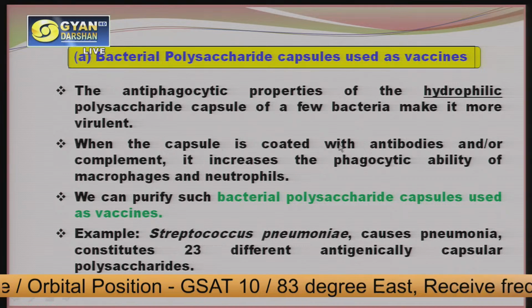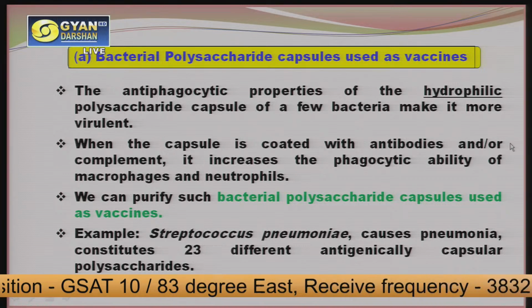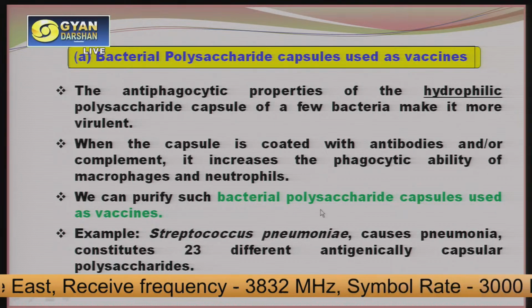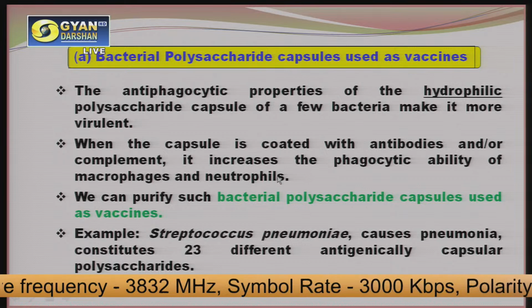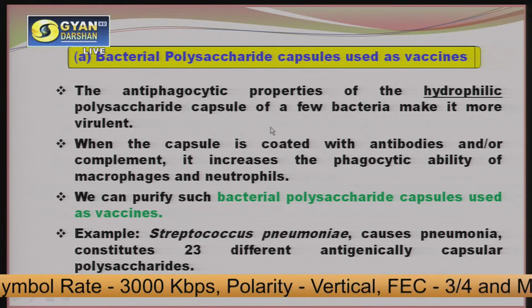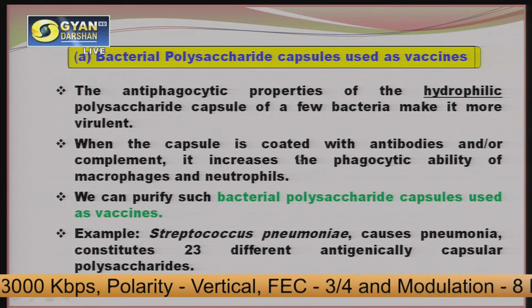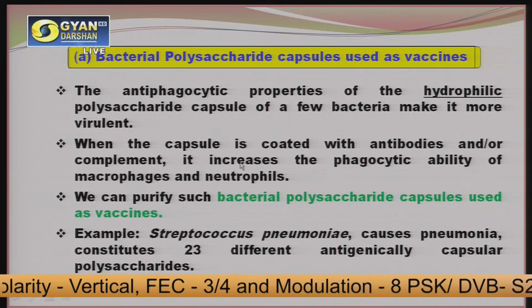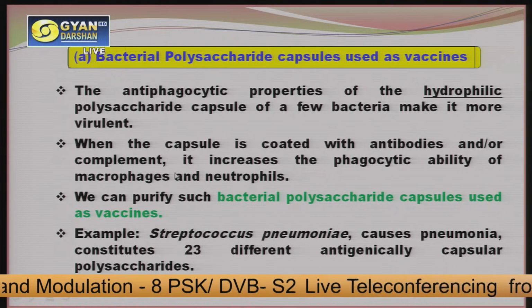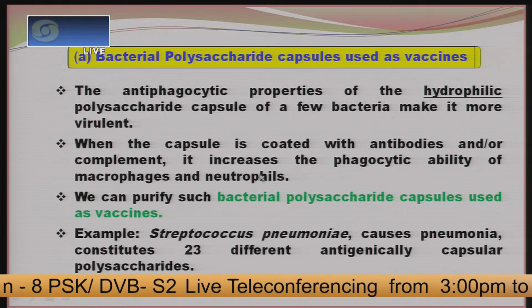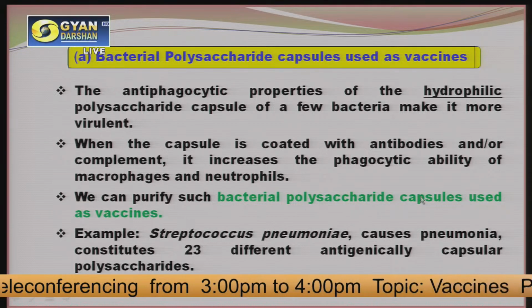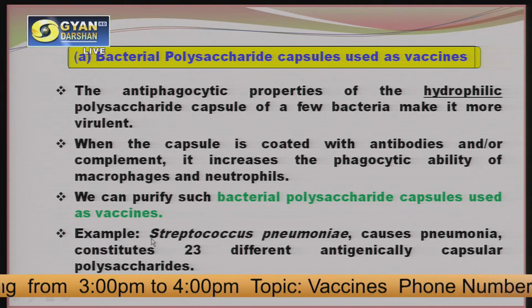When the capsule is coated with antibodies and complement, it increases the phagocytic ability of macrophages or neutrophils. The antibodies can bind onto the particular capsule, ultimately increasing the phagocytic properties of the macrophages and neutrophils, and we can purify such bacterial polysaccharide capsule and use it as a vaccine.